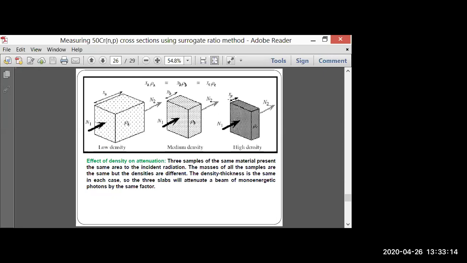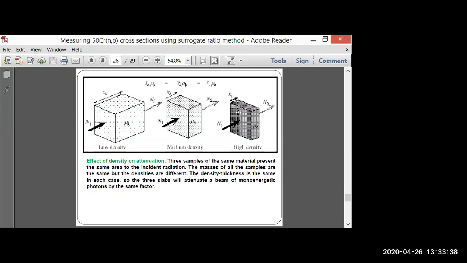If you multiply by this XA, this is bigger, but the density rho A is less in this case. In this case, your XB is smaller, but your density is comparatively higher. And in this case, XC is the smallest, but the density is the highest.